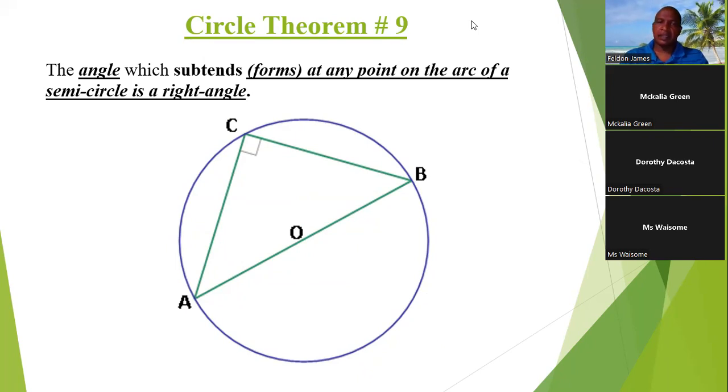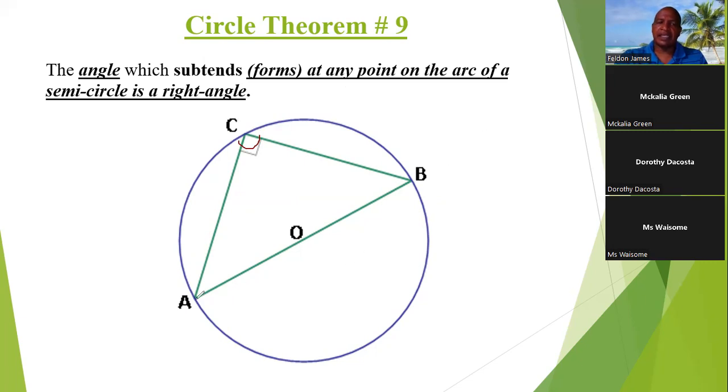Exactly. So this theorem is saying that for half of a circle, the angle that is formed at the arc, the angle that forms in the semicircle, is a right angle. That's all this theorem is saying.